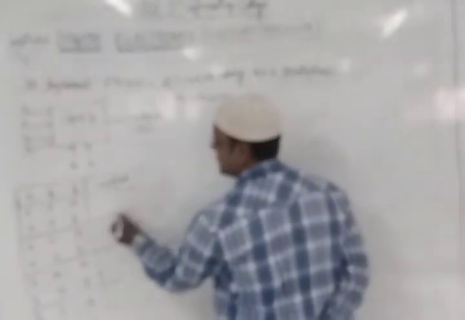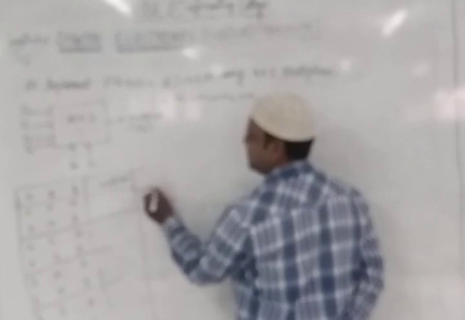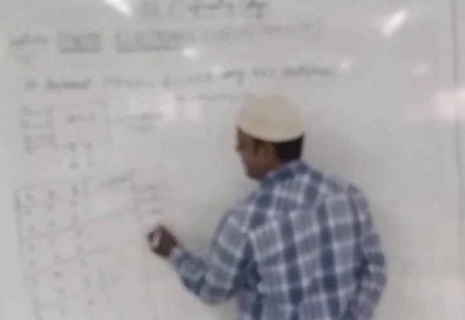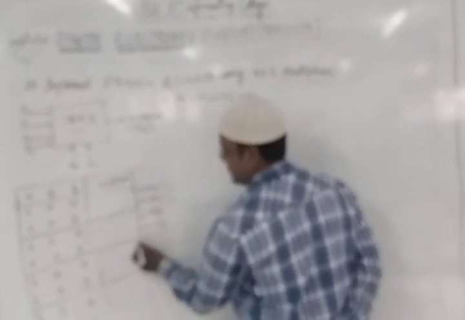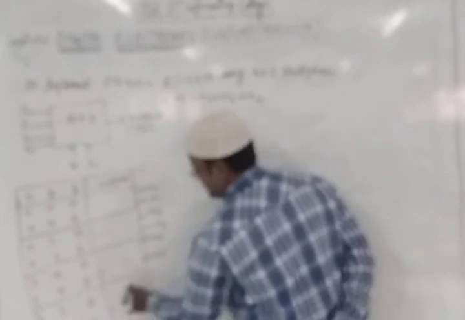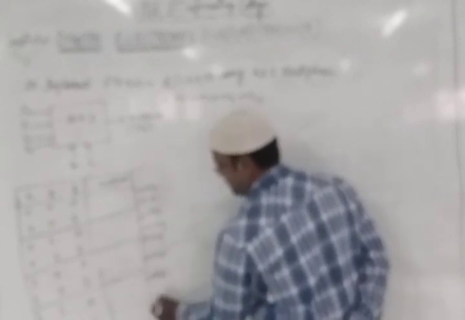Wherever it is there, that should be high. In terms of minterms, this is m0, m1, likewise m2, then m3, next m4, m5, next m6 and m7. So these are my input values.